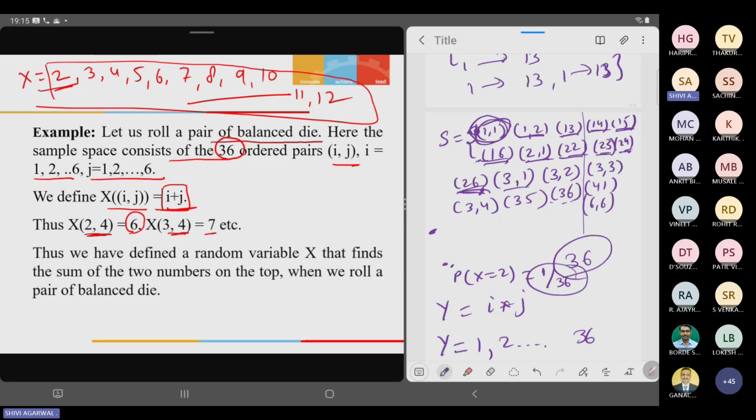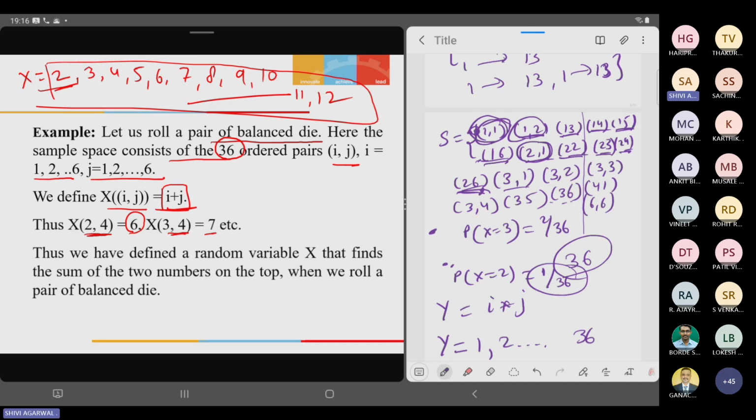So 1 by 36. That's the method we can use to find the probability. Can you find out the probability when x is equal to 3? 3 comes in which cases? 1 2 and 2 1. Only these two cases give us 3. So it becomes 2 by 36, and so on.